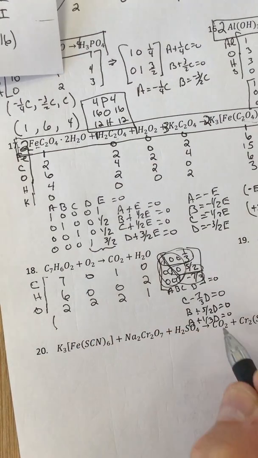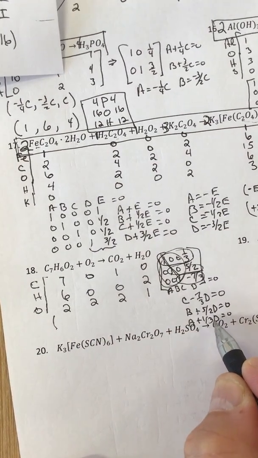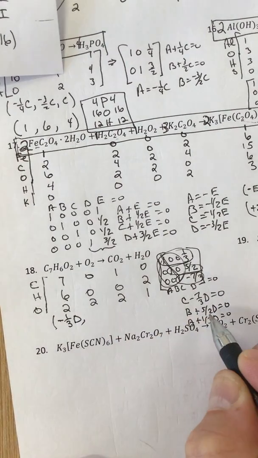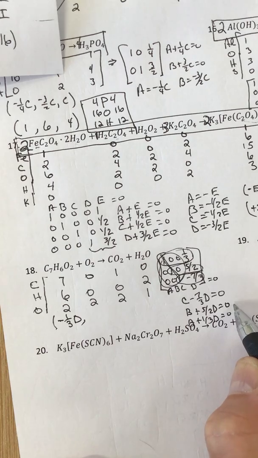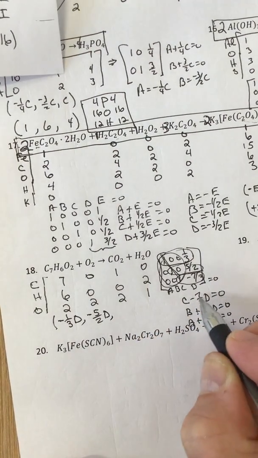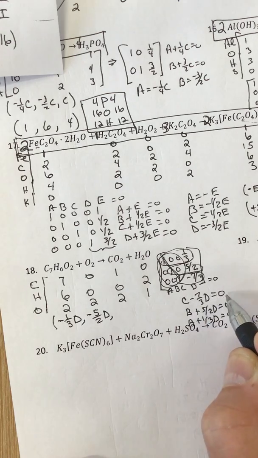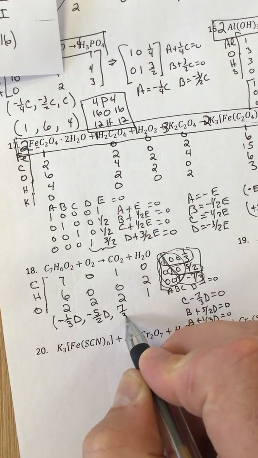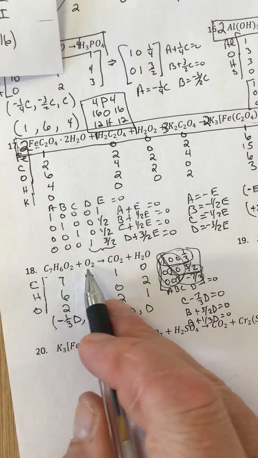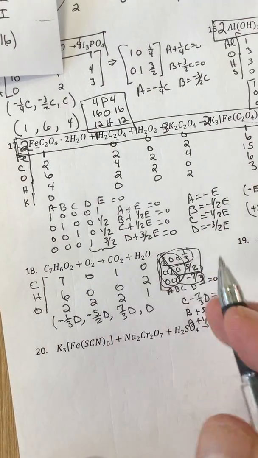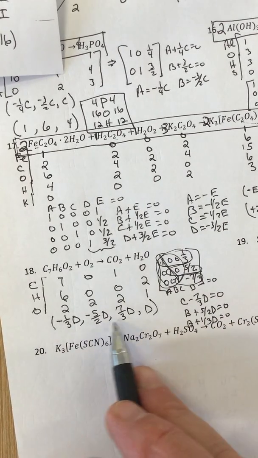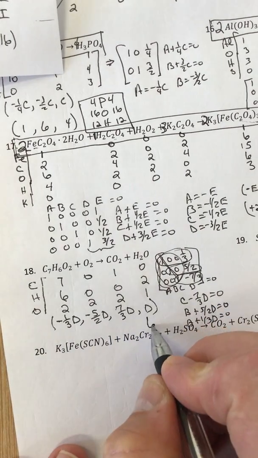So my first number relationship, if I take this 1/3 and move it to the other side, it'd be -1/3 D. Taking this and moving it to the other side gives me -5 halves D. Taking this 7/3 and moving it to the other side gives me +7/3 D, and then I have D. So these 2 negatives are on this side, these 2 positives are on this side. So far, so good. Looks like if I pick a 6, they'll all become integers.